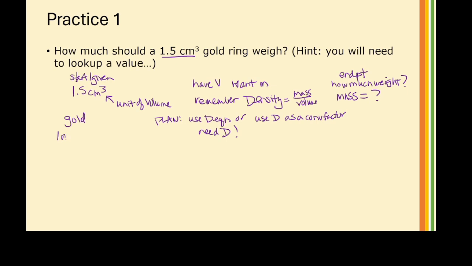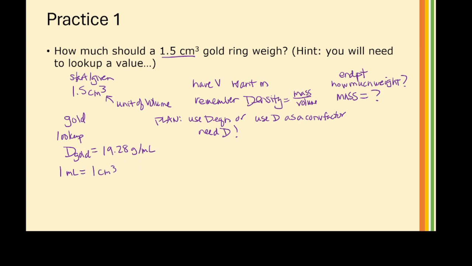I can look up the density of gold in my reference table. Double checking, it's 19.28 grams per milliliter. Also remember that 1 milliliter equals 1 cubic centimeter, so I can replace them.